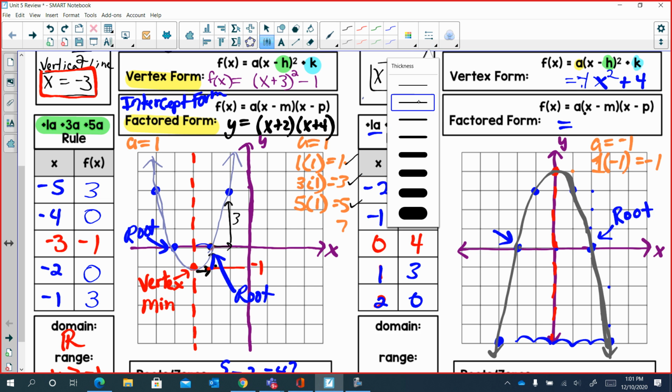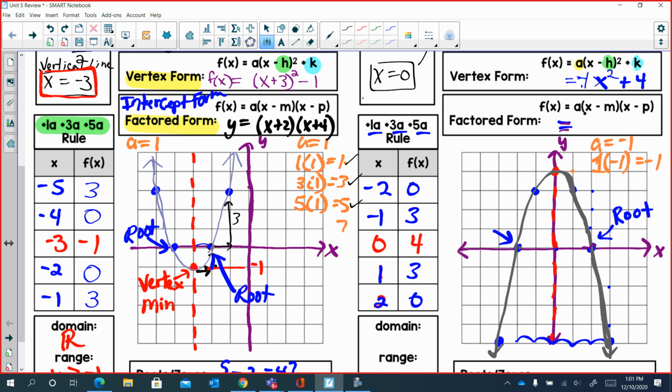I can do this part because I know these numbers right here. I know the root. -1 parentheses, because that was the A, right? And then we know this one is 2. So this is x minus 2. And then we know this one over here is -2. So that's now going to be x plus 2.